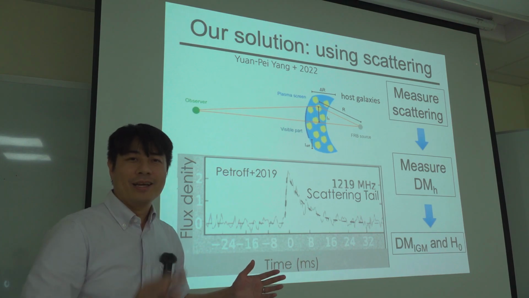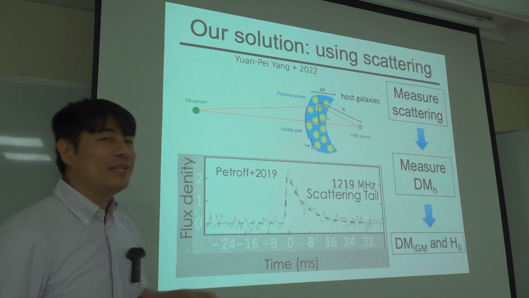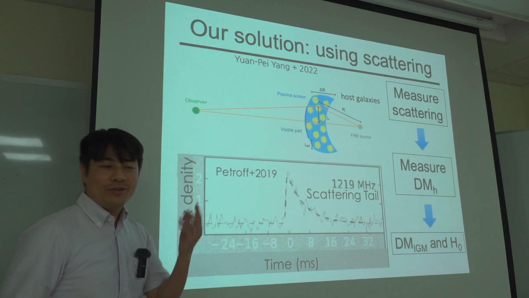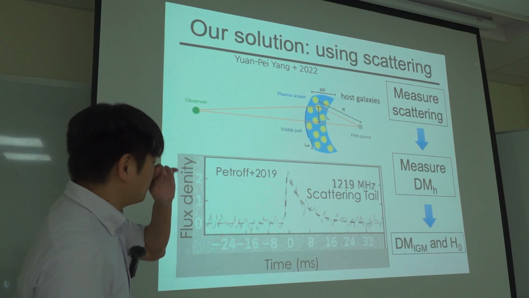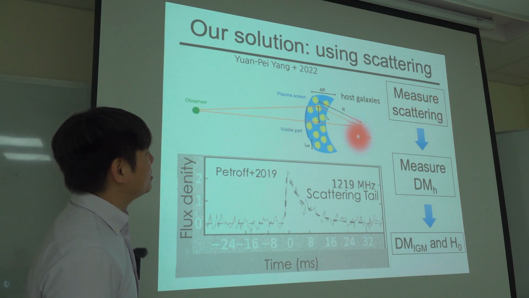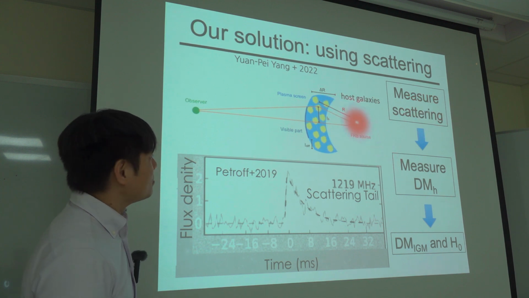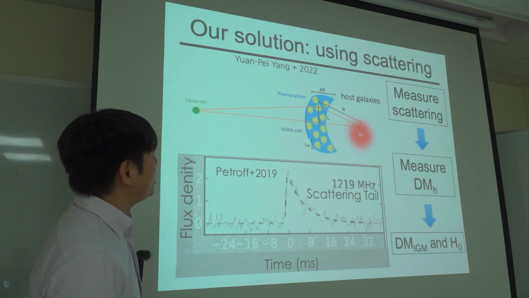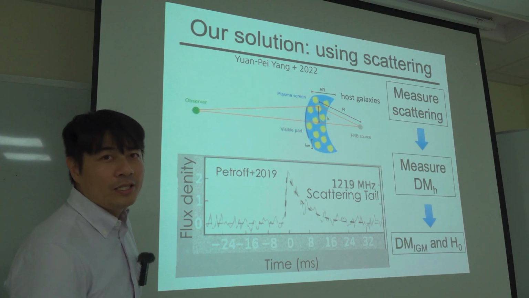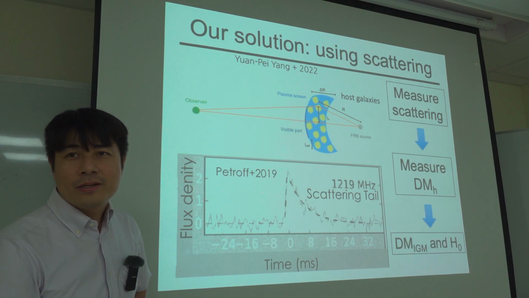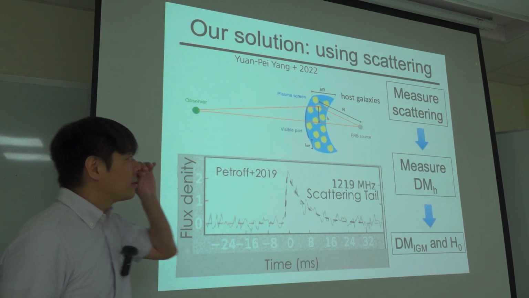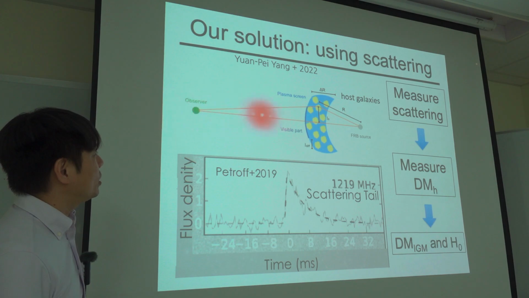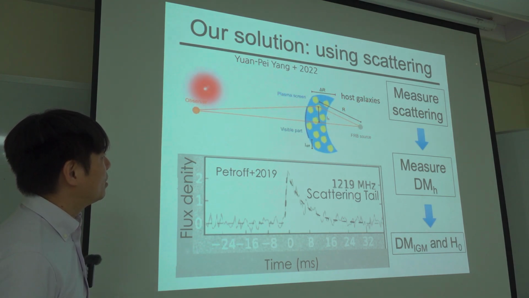Let's forget about it. If you consider the same frequency, we can forget about time lag. For the same frequency, a geometric distance is different, right? The speed of light is the same, but the geometrical distance is different between this straight one and this scattered one.